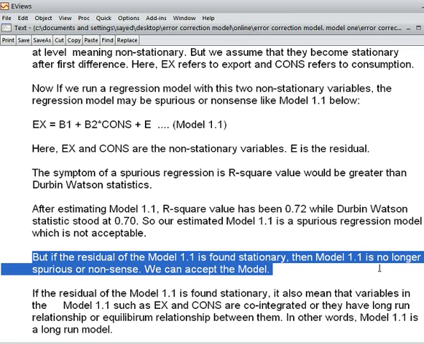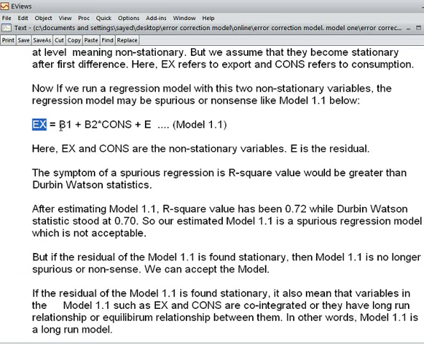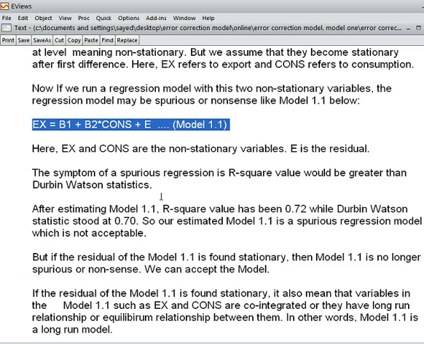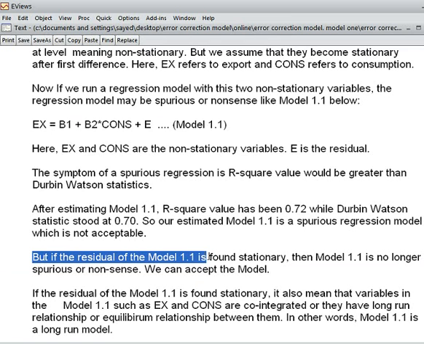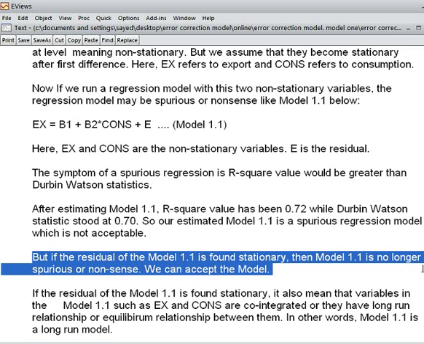Meaning that after estimating model 1.1, if the residual of model 1.1 is found stationary, then model 1.1 is no longer spurious. We can accept the model. So the residual must be stationary.